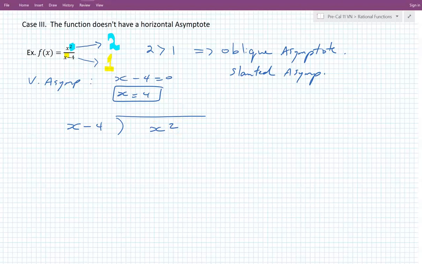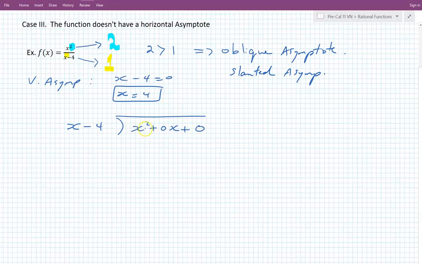All right, so we know how to do this. Now, to make it easier for you, let's write this properly: x squared plus 0x plus 0. I'm including the linear term and a constant term, but I'm putting a 0 in there so that you can see the placement of it, if you remember the process of doing the synthetic division. All right, let's go through that.